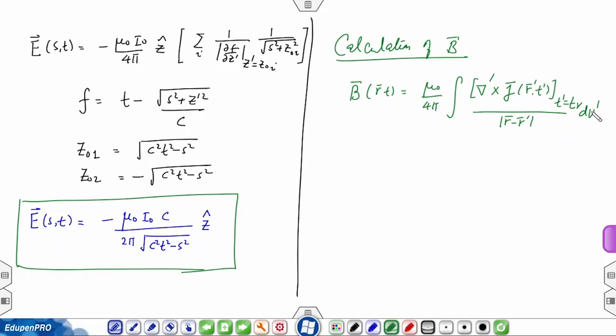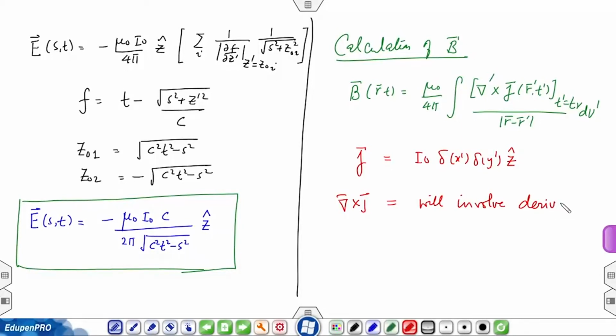Now, you see, when we wrote j for time t greater than 0, it is I naught delta x prime delta y prime z, and you can see if I take the curl, it will involve derivatives of delta functions. So, this calculation tends to become a little cumbersome.